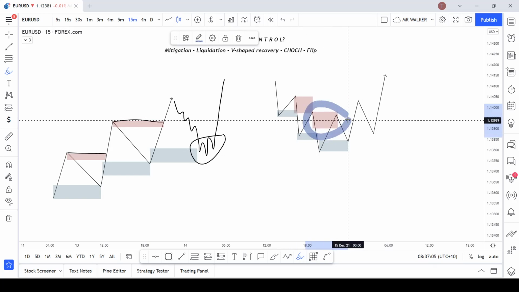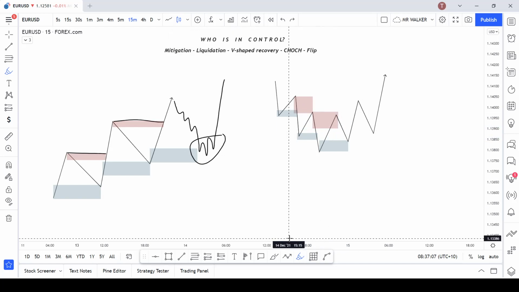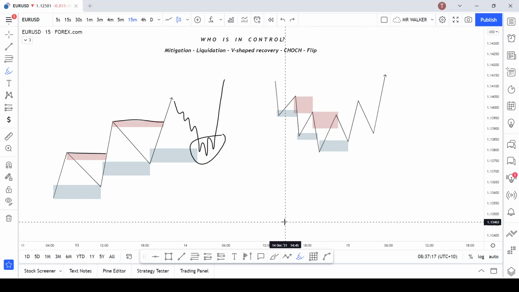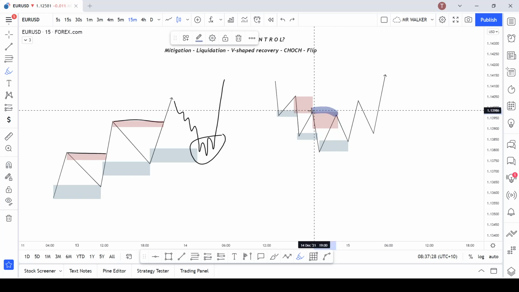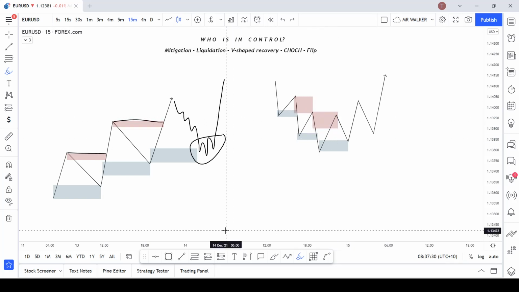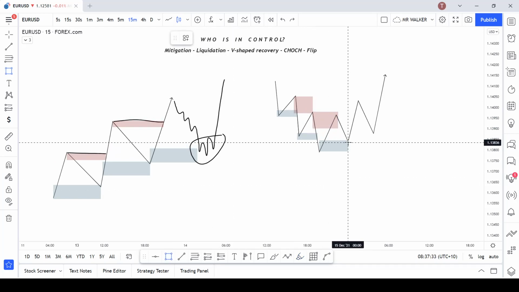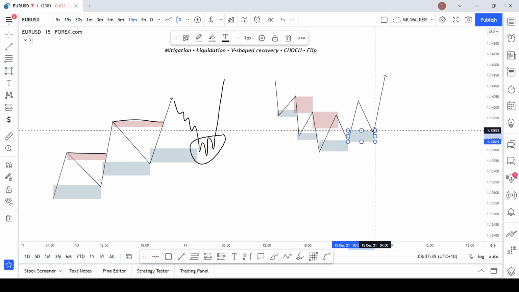this one supply, right? The supply to demand flip is not just supply getting broken, right? It is the demand taking out the reaction point, all right? So this is our reaction point to the supply that is marked out with red, and the demand that took out this reaction point in here, I have just marked it out.